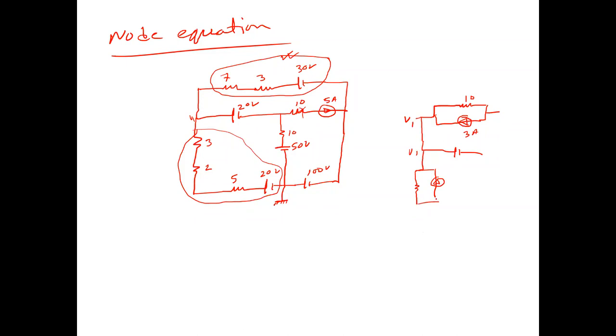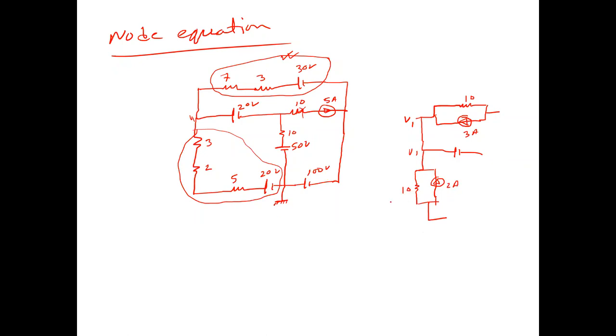So now our current, this current is 2, sir. 20 divided by 10, so 2 ampere, and this our resistance is 10.